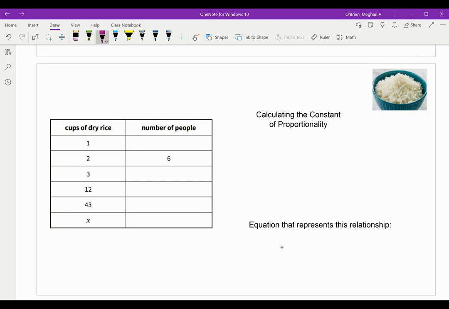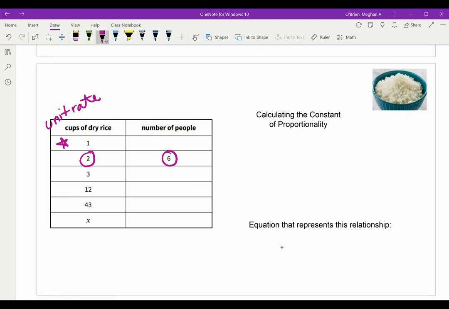If we know that 2 cups of rice serves 6 people, let's fill out the table values, and then we'll answer the questions over here. If I know that 6 people get 2 cups of dry rice, I can break that down to its unit rate. The unit rate is right here.